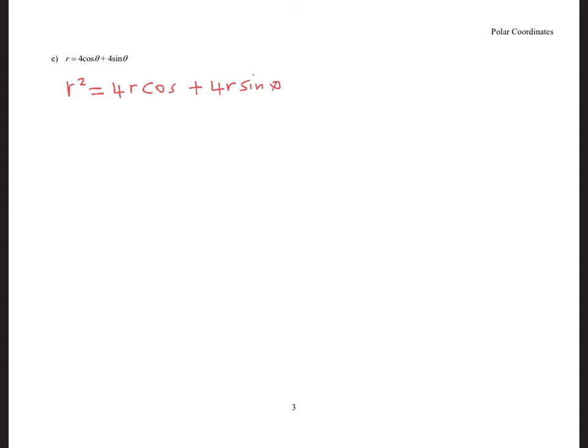So then what do I do from this point? Remember, this is x squared plus y squared equals 4x plus 4y. Then all I need to do is complete the square so that the equation is in standard form.